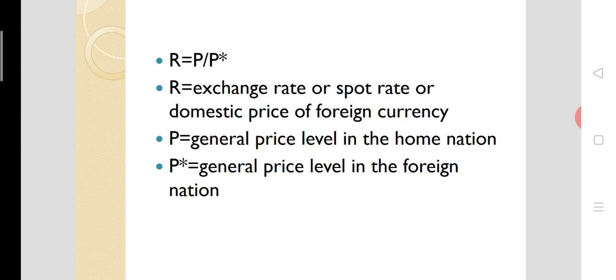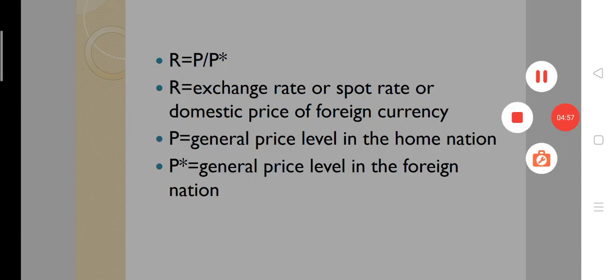R is equal to P by P star. R refers to the equilibrium rate of exchange between two currencies, P stands for the domestic price level, and P star stands for the foreign general price level, or general price level in the foreign nation.